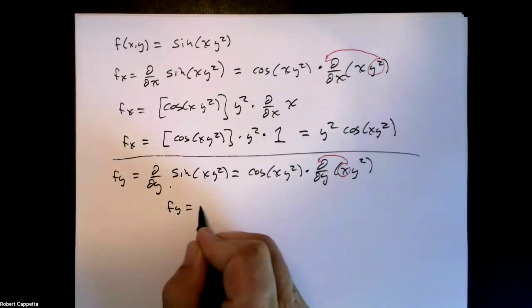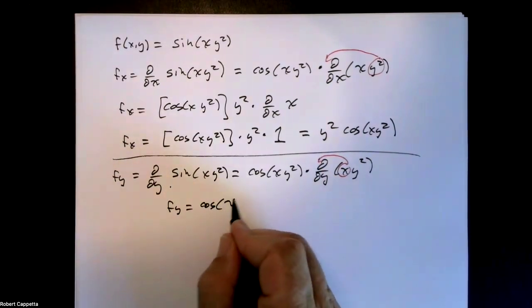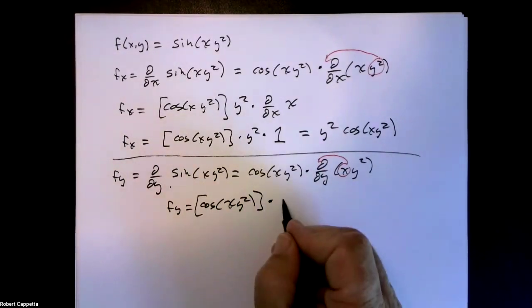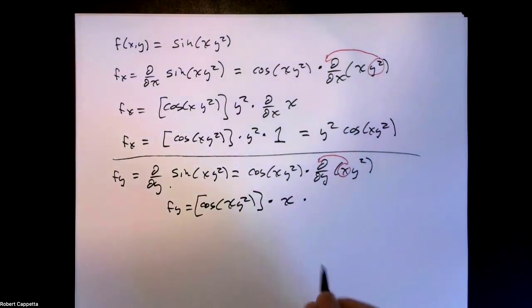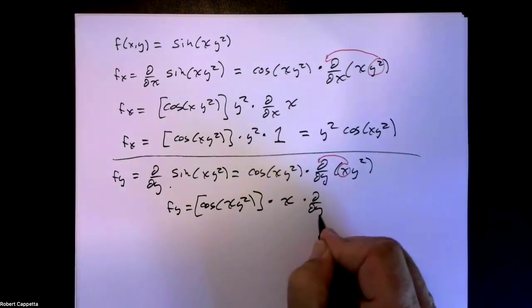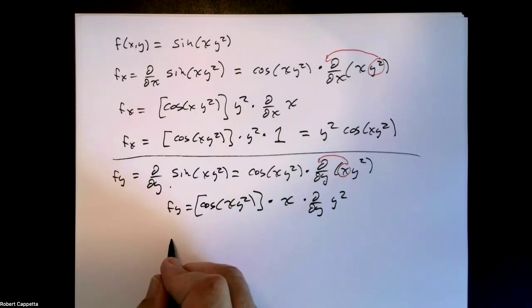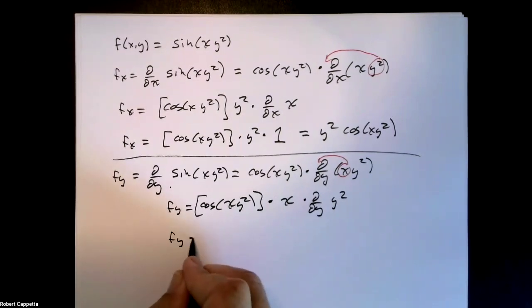So that we get f sub y is cosine of xy squared times, pulling the x out, times the partial with respect to y of y squared, which of course is just 2y. So where does that leave us?